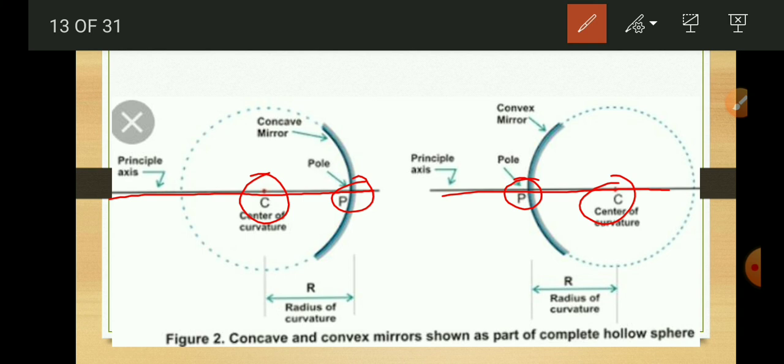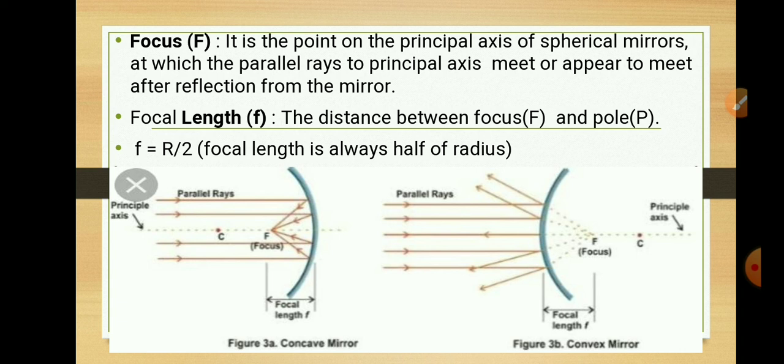And the principal axis is normal to the spherical mirror at its pole. So if we look at it, it is just like a normal drawn on the surface of the spherical mirror at the center of the spherical mirror.